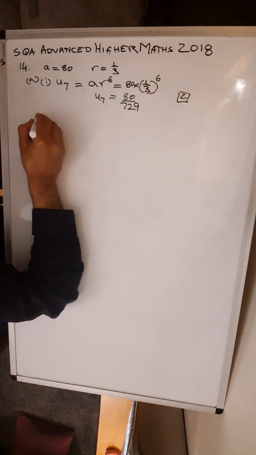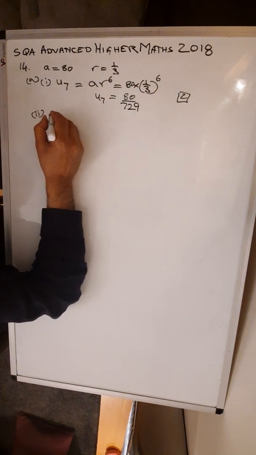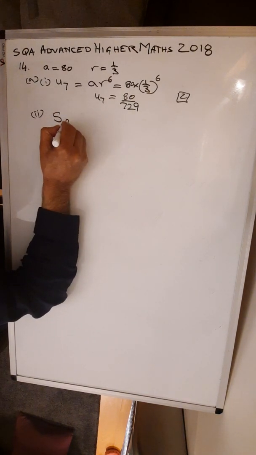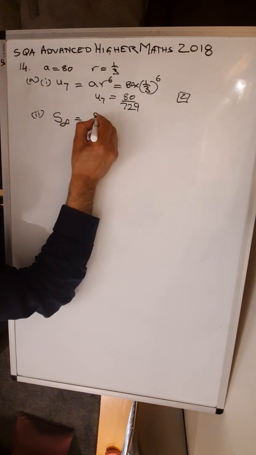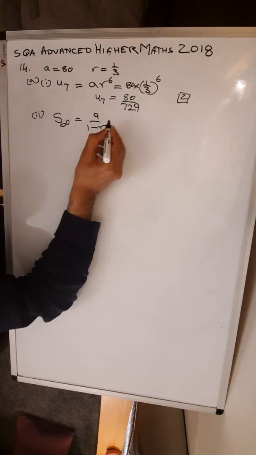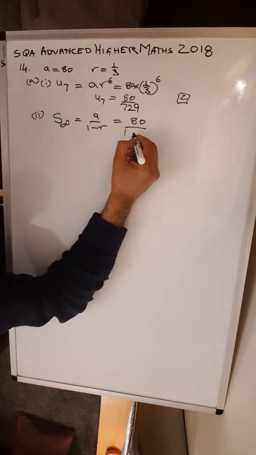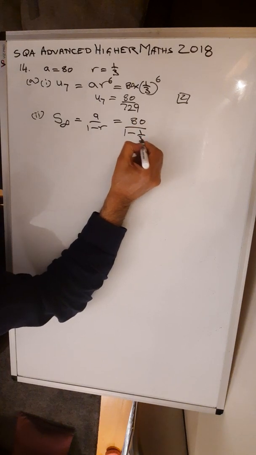For the second part of part a, the sum to infinity of the associated geometric series. Finding the sum to infinity: S infinity is equal to a over 1 minus r. a is 80 and r is 1/3.